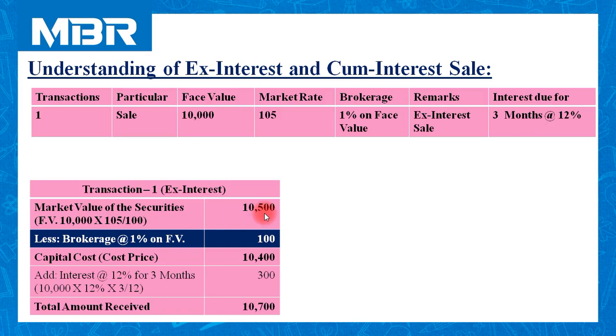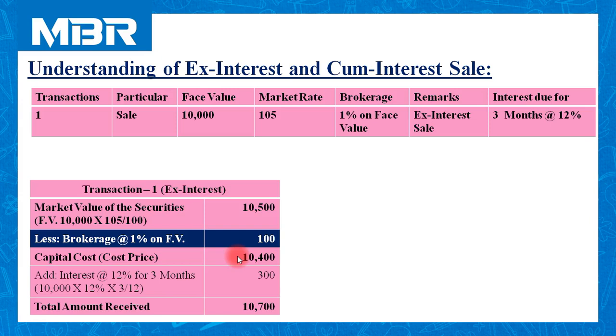In case of sale, brokerage is deducted from the amount received. Brokerage, as per information, 1% on face value. Face value is 10,000, 1%, 100. So capital cost or cost price is 10,400.